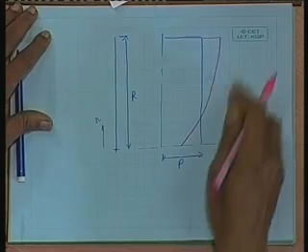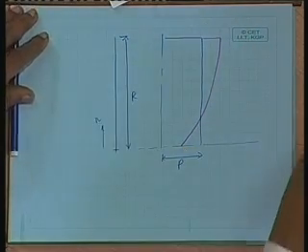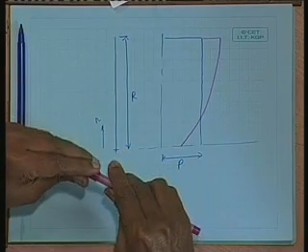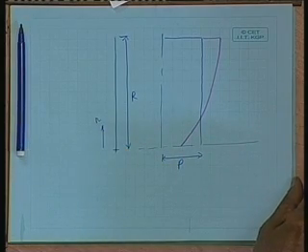I can give a variable pitch distribution to the propeller blade. In that case, what will be the resultant pitch?